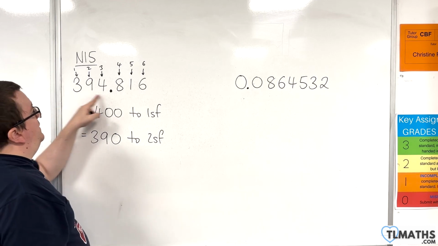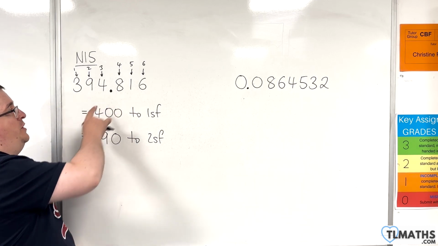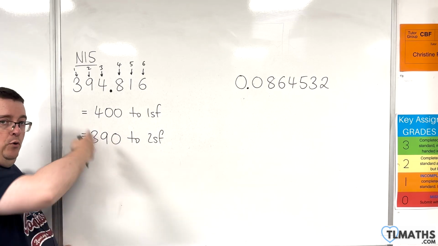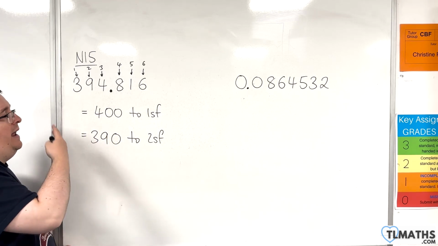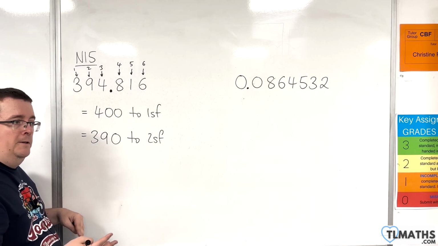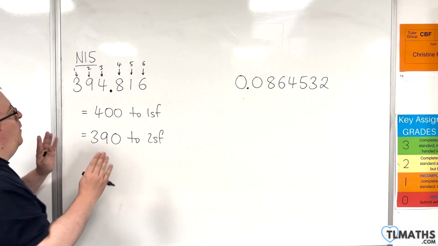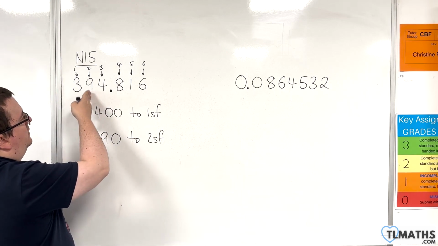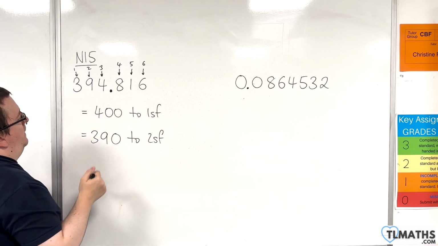But if this had been a different number, let's say 394,800.816, then it wouldn't be rounding to the nearest 100, rounding to the nearest 10, okay? So always looking at these as the significant figure positions.